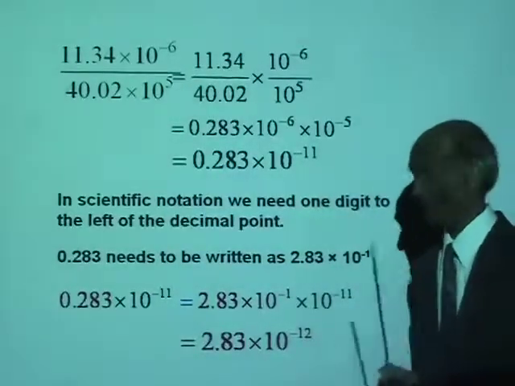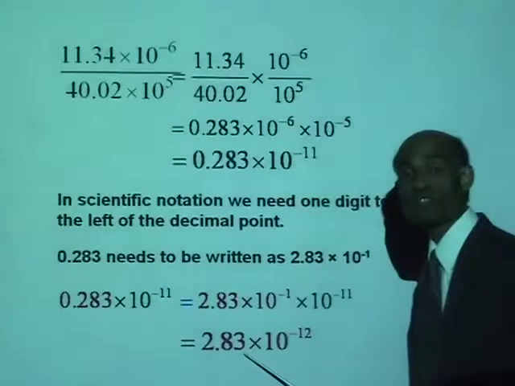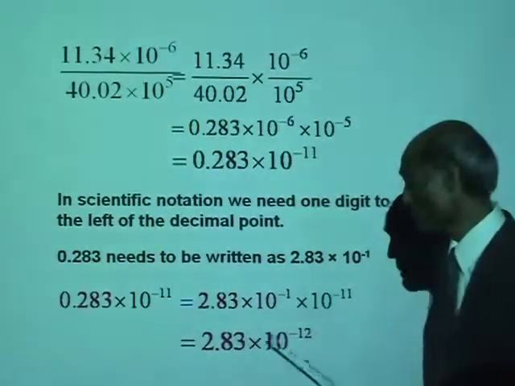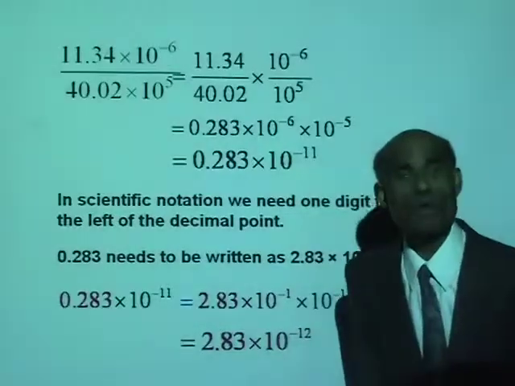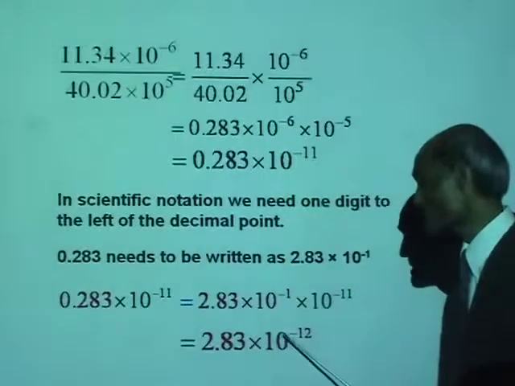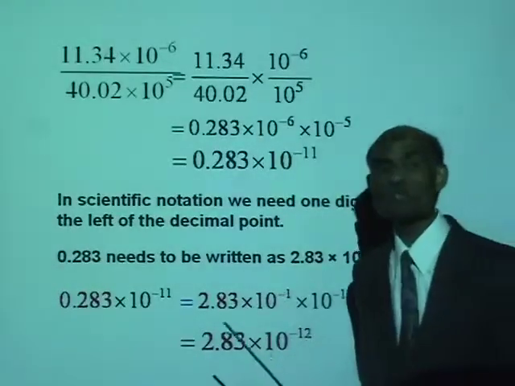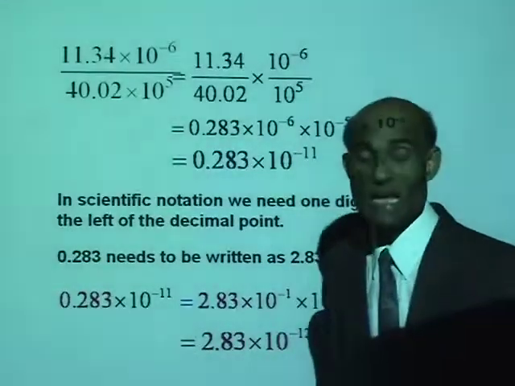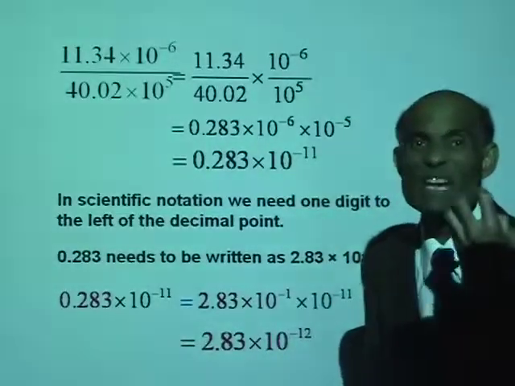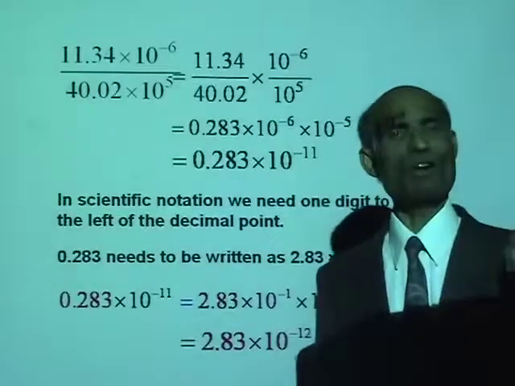Can anyone tell me, if I want to write this in the decimal form, how will that look? Will this be a very small number or a very big number? Look at that, 10 to the power of negative 12. Actually, 10 to the power of negative 12 is a trillionth of a 1.